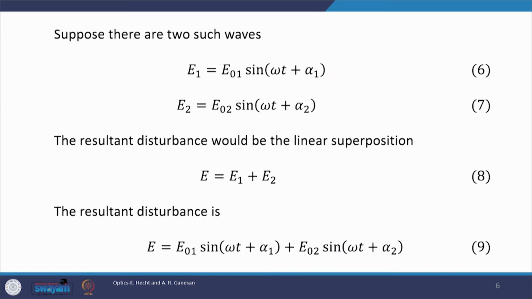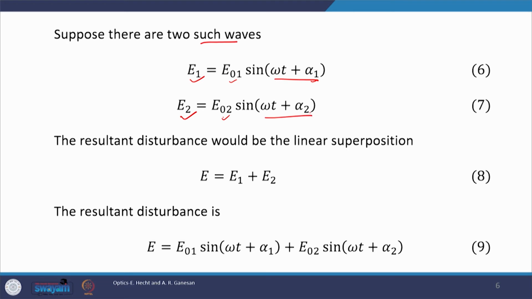Now, suppose there are two such waves, the first represented by E1 and the second by E2. E1 is given by E naught 1 sin(omega t plus alpha 1), and E2 is given by E naught 2 sin(omega t plus alpha 2), where E naught 1 and E naught 2 are the amplitudes of these waves, and the phase parts are given here.